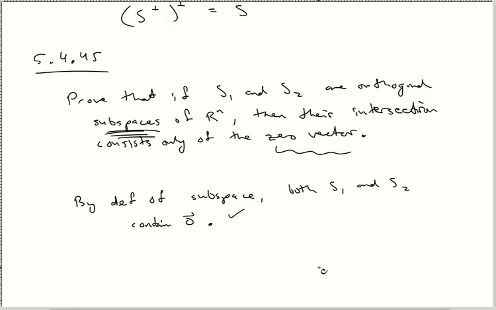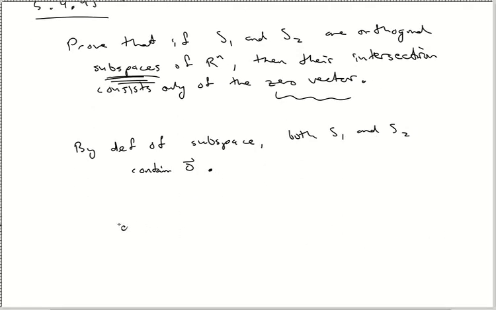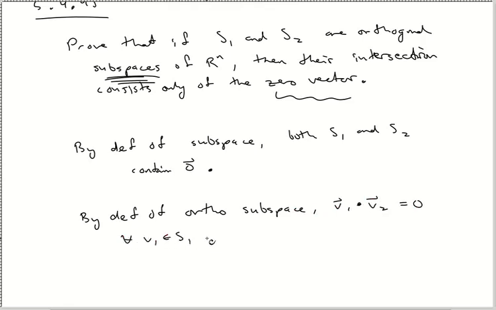We've got that done. But I need to prove that there's no other vector that they're going to have together. I'm saying they both have the zero vector, but I want to say that no other vectors are common. So let's keep going. By the definition of orthogonal subspaces, which is in the book, my v1 dot v2 should equal 0 for all v1 an element of S1 and v2 an element of S2.